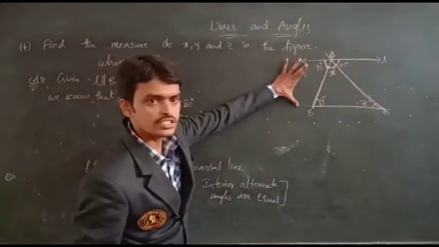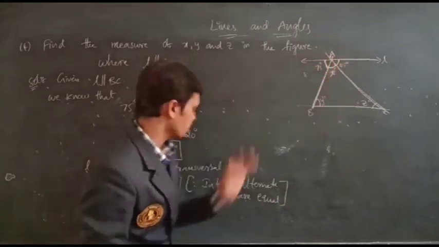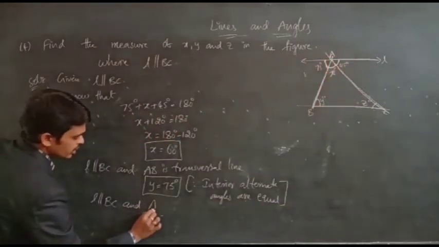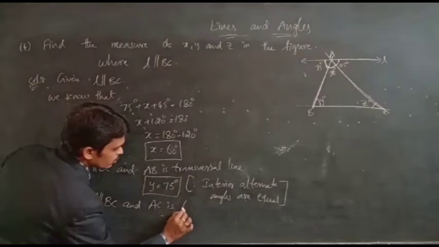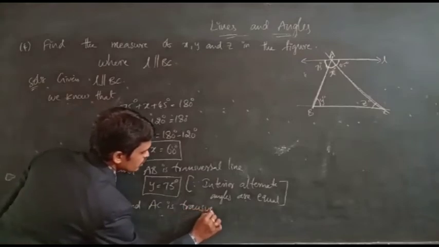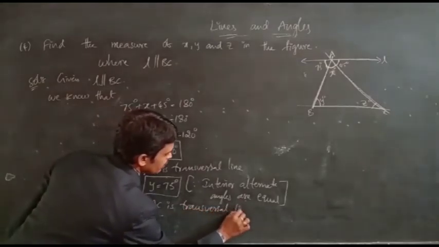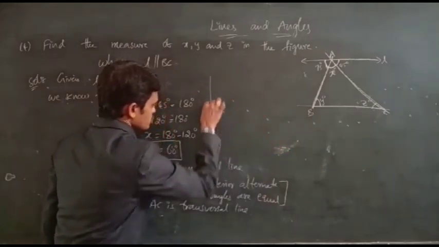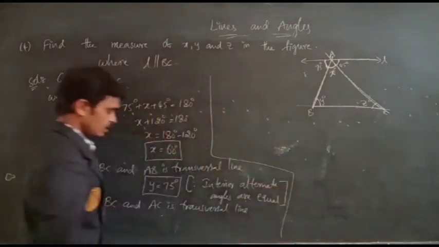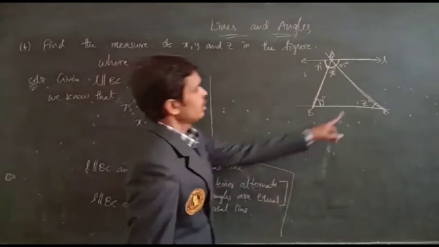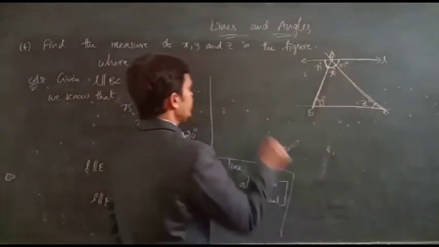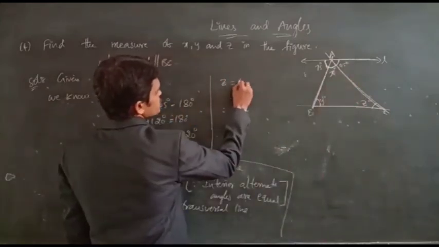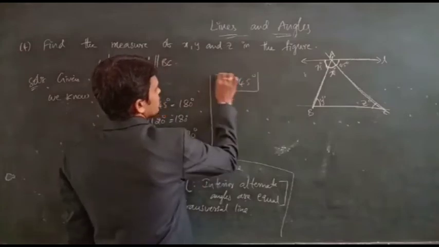If the lines are parallel, these two angles are equal. So AC is a transversal line. Then angle z is equal to 45 degrees.